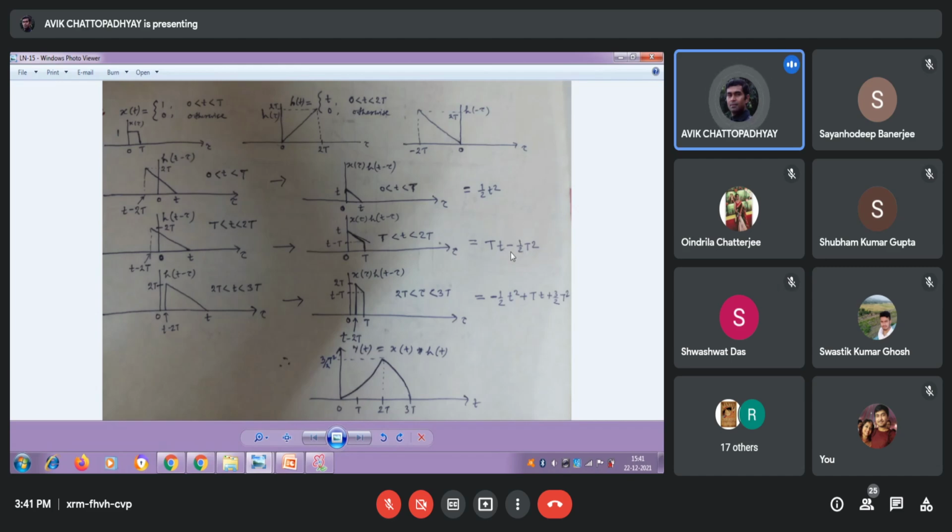Look at the nature here: this half T square is always getting subtracted, but the convolved signal between this range is varying linearly with time.